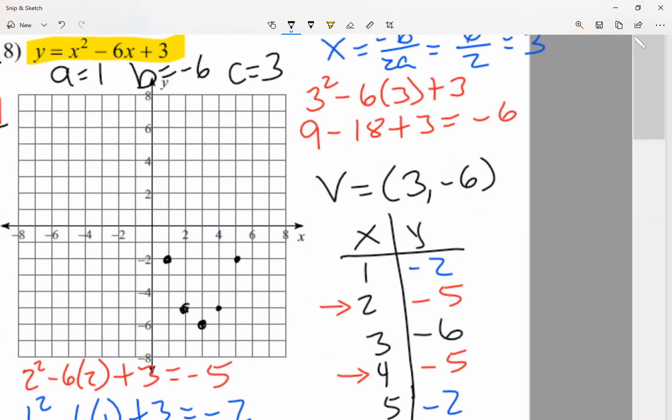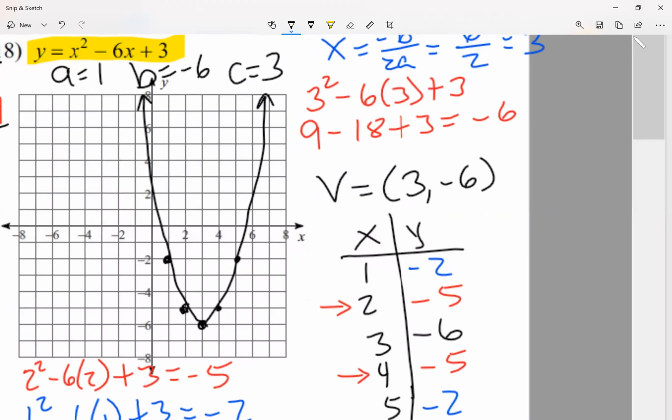Can kind of see where this thing goes. I expected this to go up because A was positive, so okay. So on the left side, it's gonna go about there. On the right side, it's gonna go about there. Okay, let me zoom out.